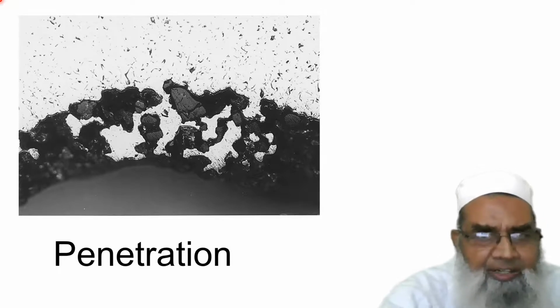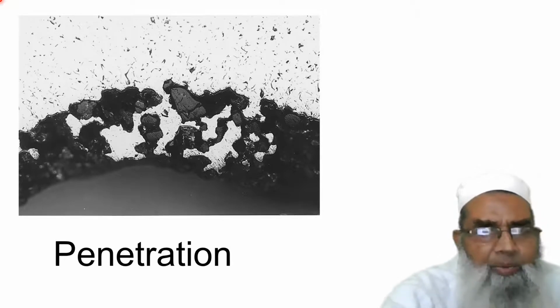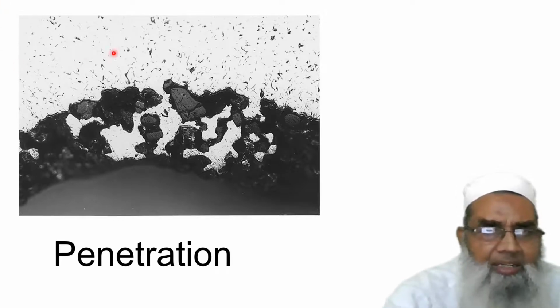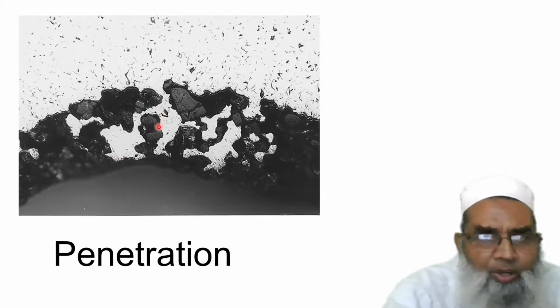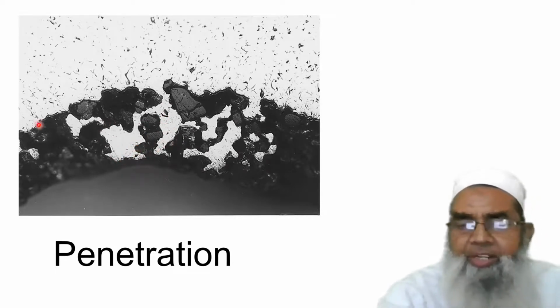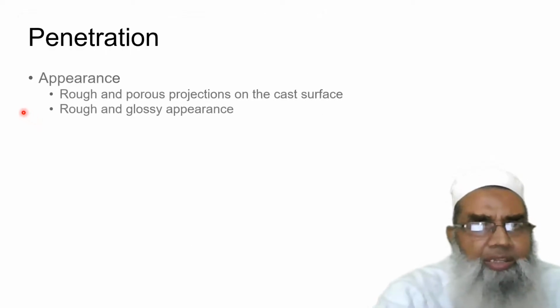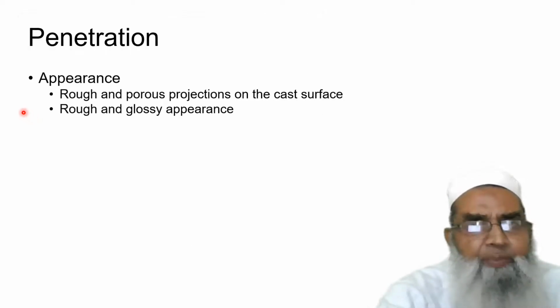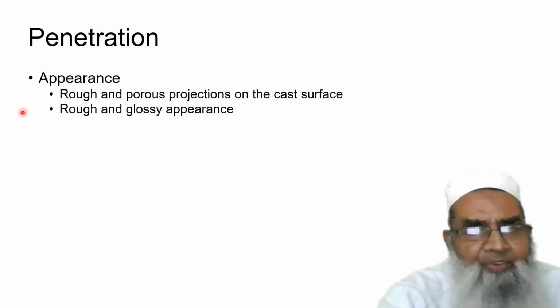Now penetration. What happens is that when the metal flows into the sand, it gets penetrated, and you see the place appears like rough and porous projections on the cast surface.